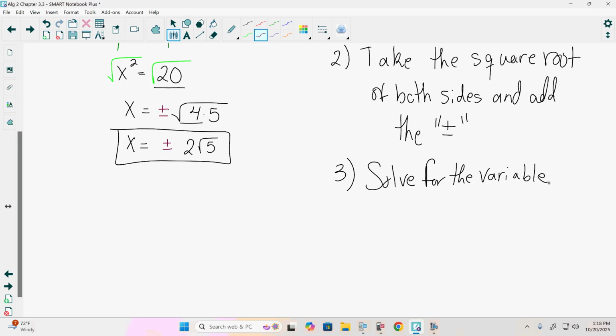This one here, x is already by itself, so we're done. We're saying that x is equal to plus or minus 2 square roots of 5. Questions on this here?